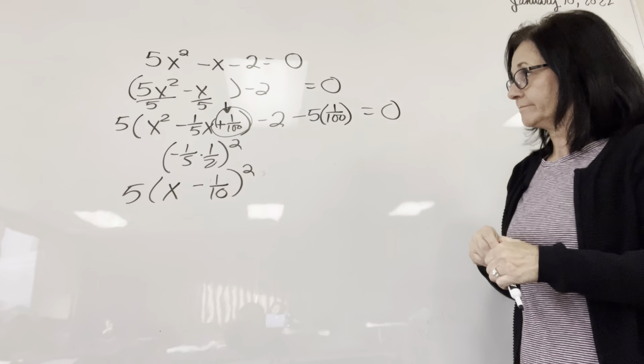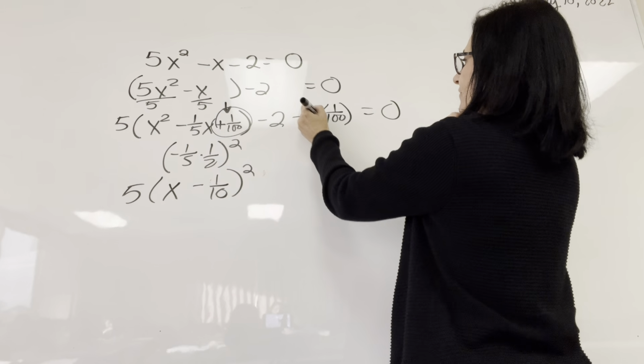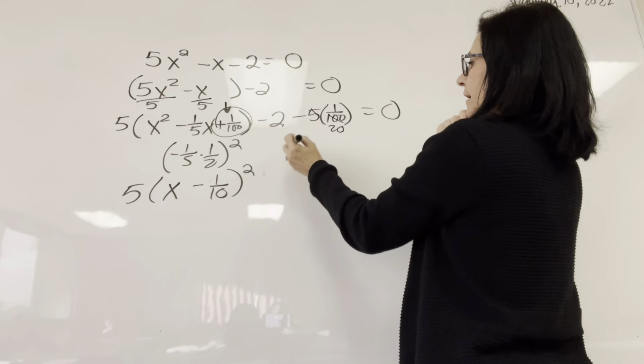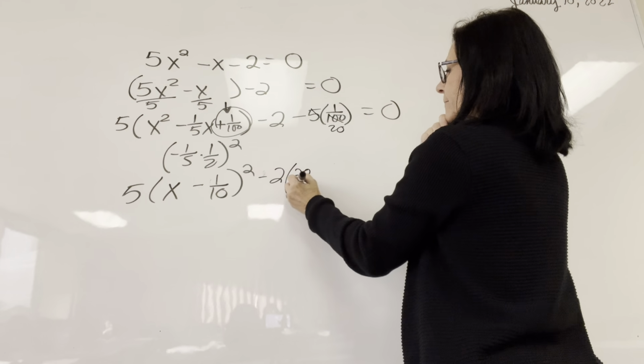All right, so the minus 2, I'm going to multiply that by 20 over 20. Minus 1/20 equals 0. So that's negative 40, and one more is negative 41/20.